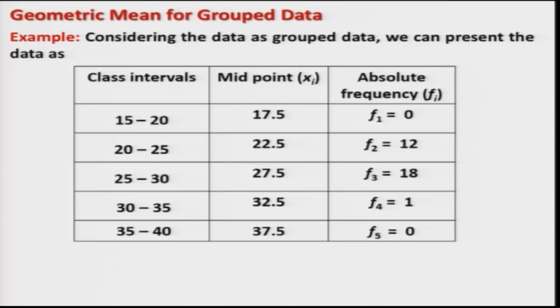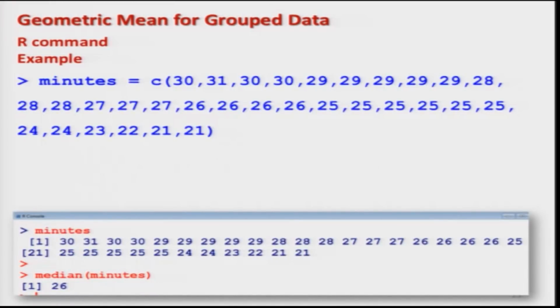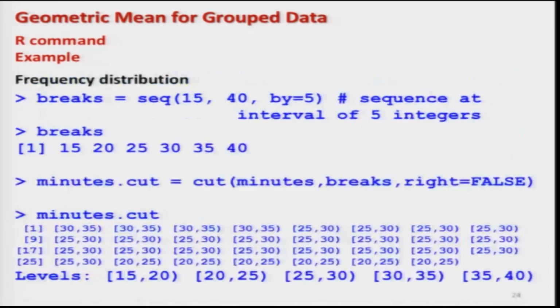Considering this data as grouped data, we can find the frequency table that we have already discussed, and based on that I have the same data here. First I need to extract the frequencies. How can it be done? You may recall that in the earlier lecture on the median, I showed how to extract the frequencies from grouped data.